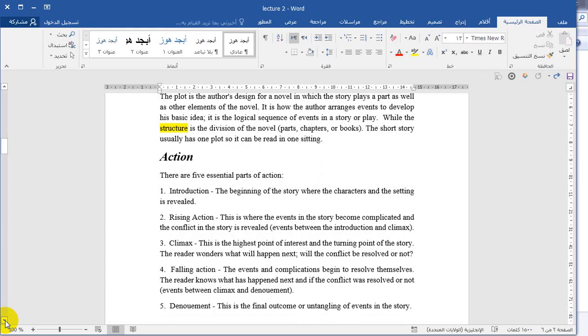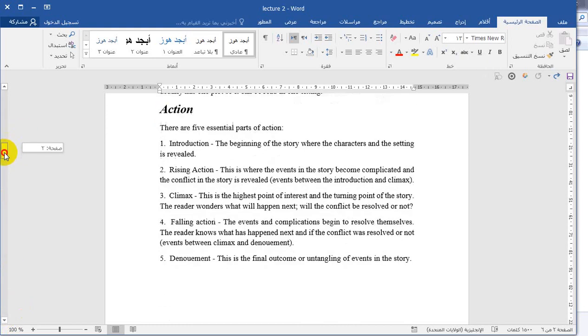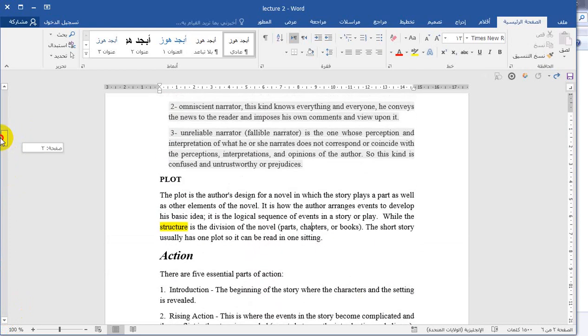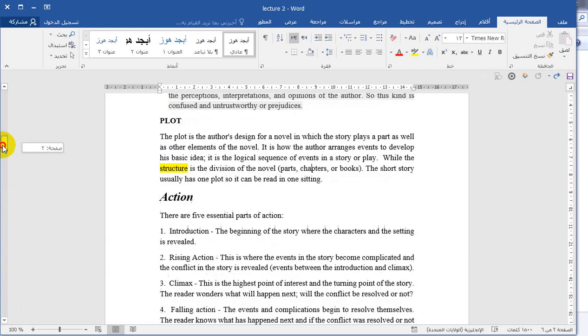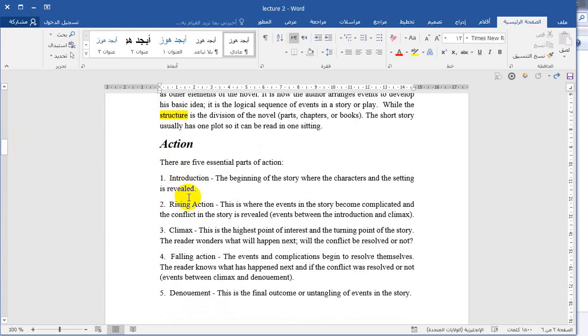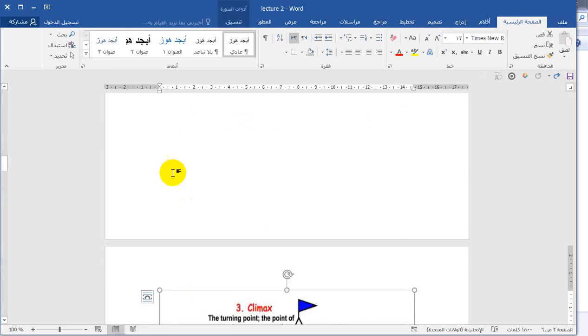And you remember last year we studied the action and analyzed it according to Freytag's pyramid. What is the action? Introduction, we have rising action, we have climax, we have falling action, we have denouement, which is the final or the end of the story, and it is very clear, I think.